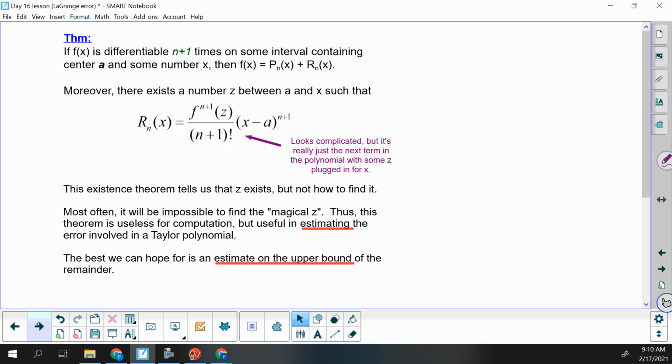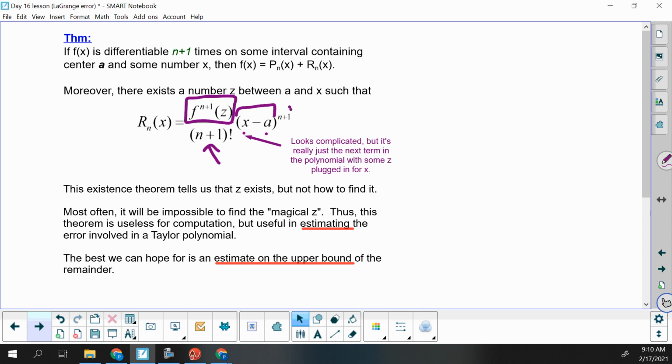So the Lagrange remainder theorem says that our remainder is our next derivative at some value of z over our next term factorial, n plus 1, and then this is some value minus the center raised to the next power. So like if we had a 6 degree polynomial, those n plus 1s would really be 7s. So we do the 7th derivative.